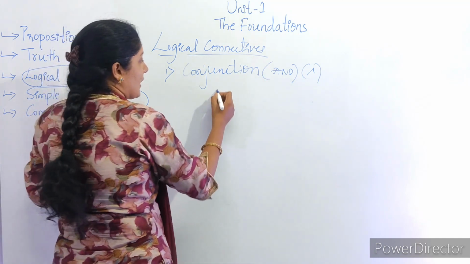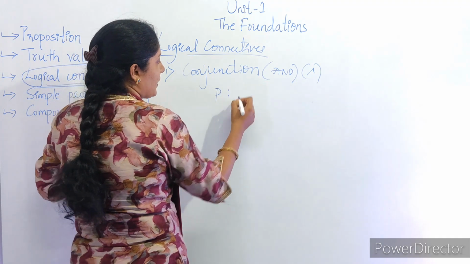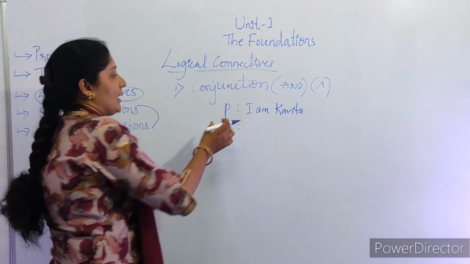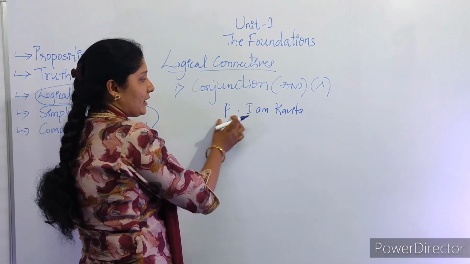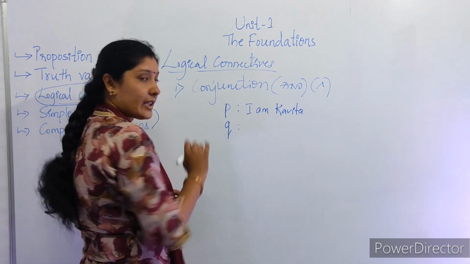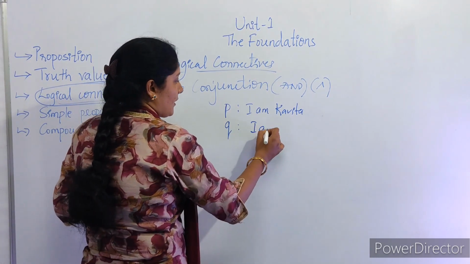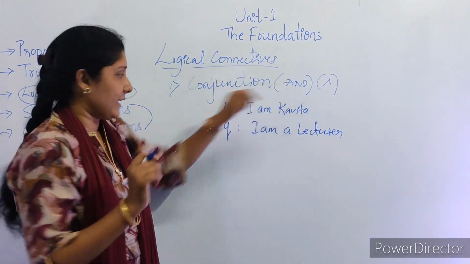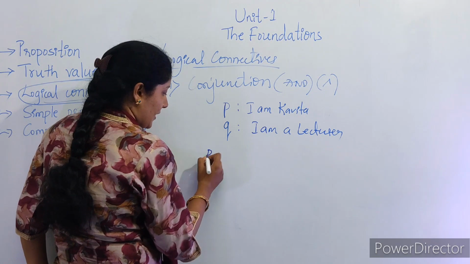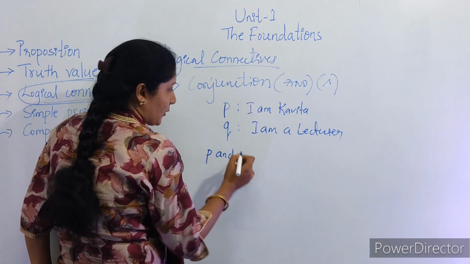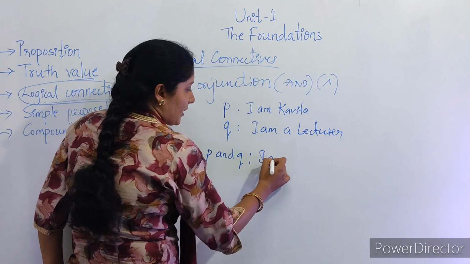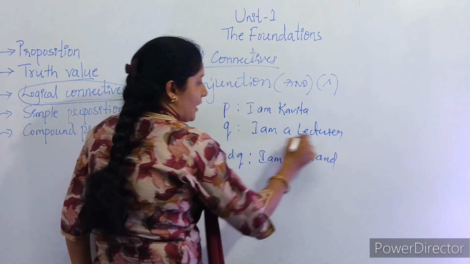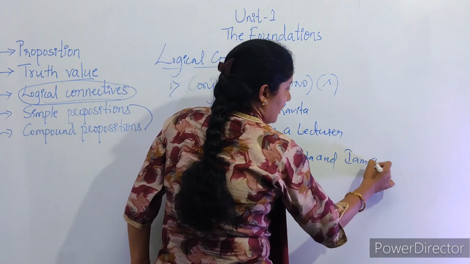For example, let me take one proposition P as I am Kavita. Now, Q proposition will be I am a lecturer. Using the word and, it becomes P and Q: I am Kavita and I am a lecturer.